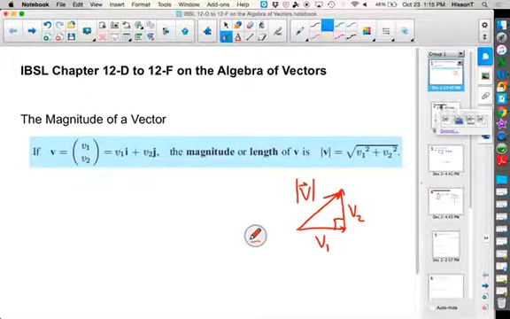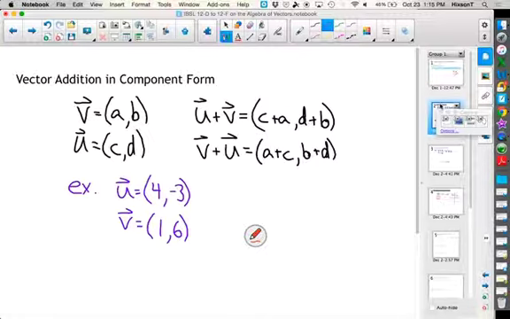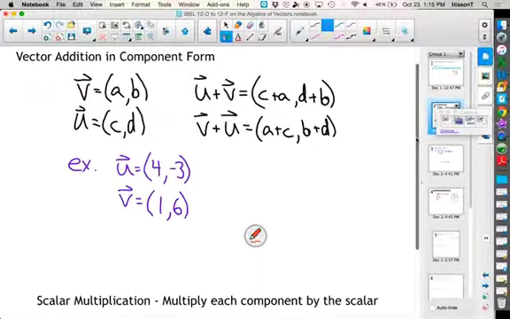We also, in the past, have had vector addition. Really what I want to do is just jog your memory, since we did do this a bit last year. So here we have U is (4, -3) and V is (1, 6). Notice what we're doing here.